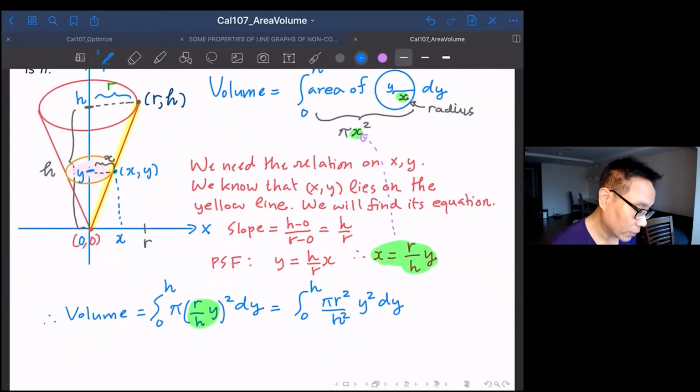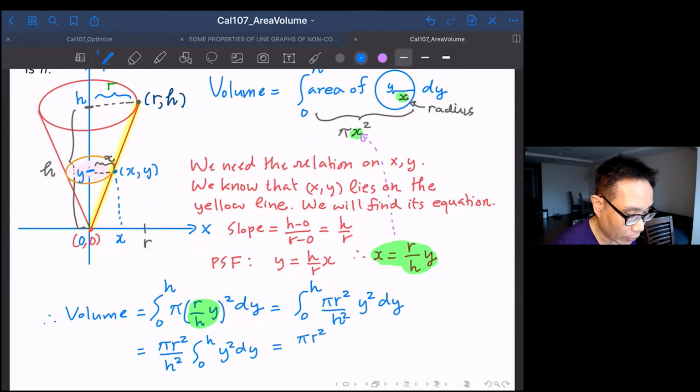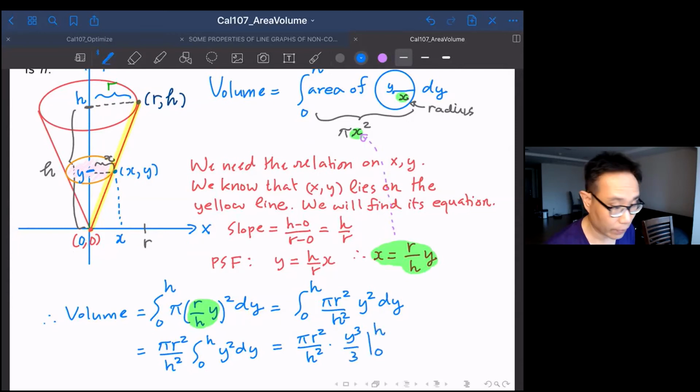So you're just going to pull out pi r squared over h squared, and you integrate y squared from 0 to h, y squared dy. So it's going to be pi r squared over h squared, and you integrate y squared dy, you get y cubed over 3 from 0 to h.